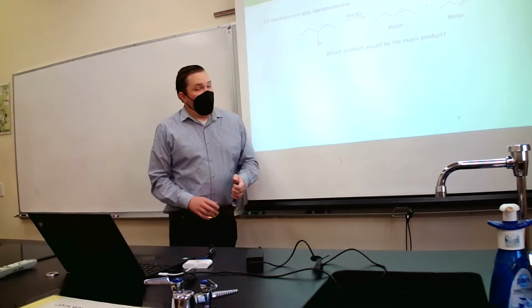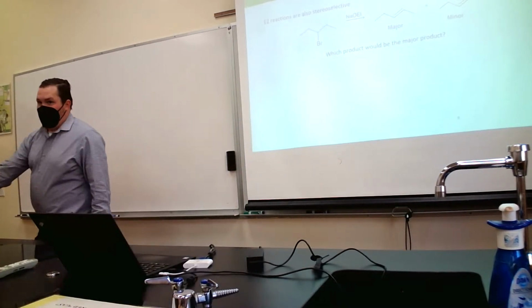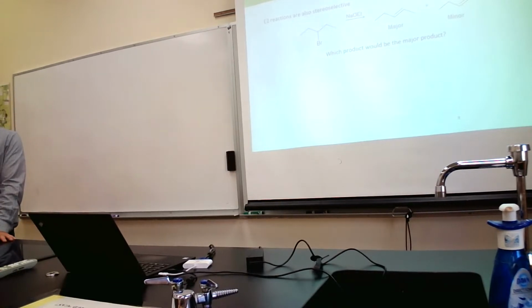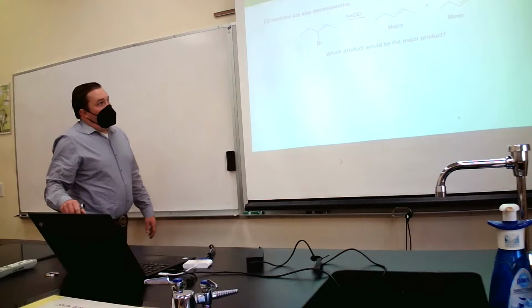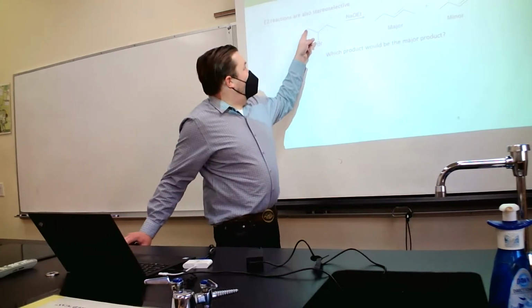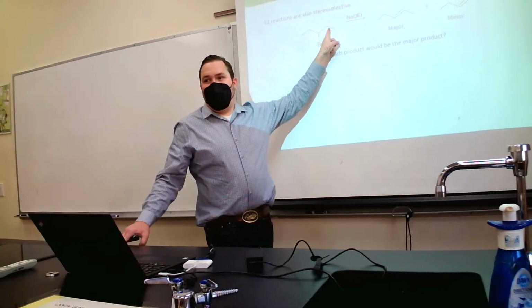And these reactions are also regioselective, meaning that you're favoring putting that pi bond in a certain place. But then even within each of the pi bonds, this is what I was hinting at earlier, in this case, you have two identical alpha carbons, right?